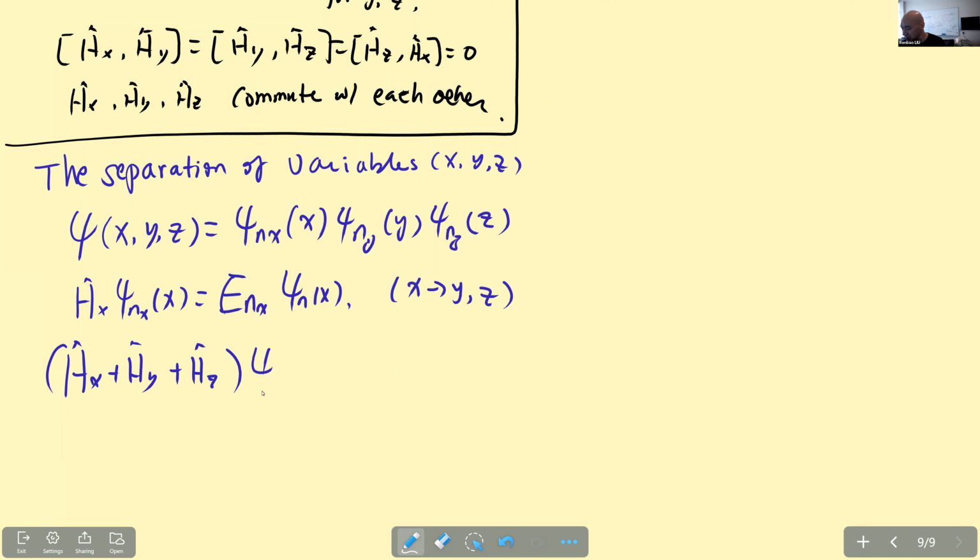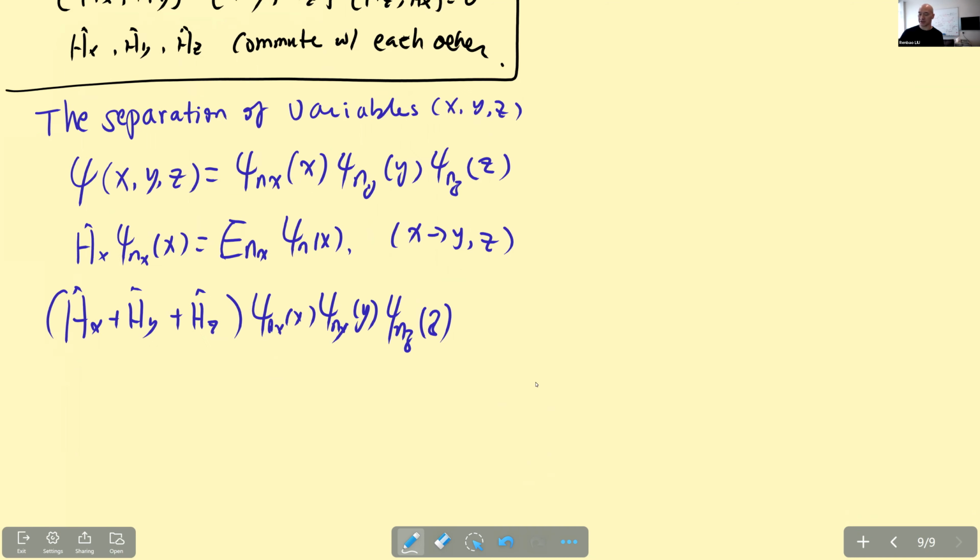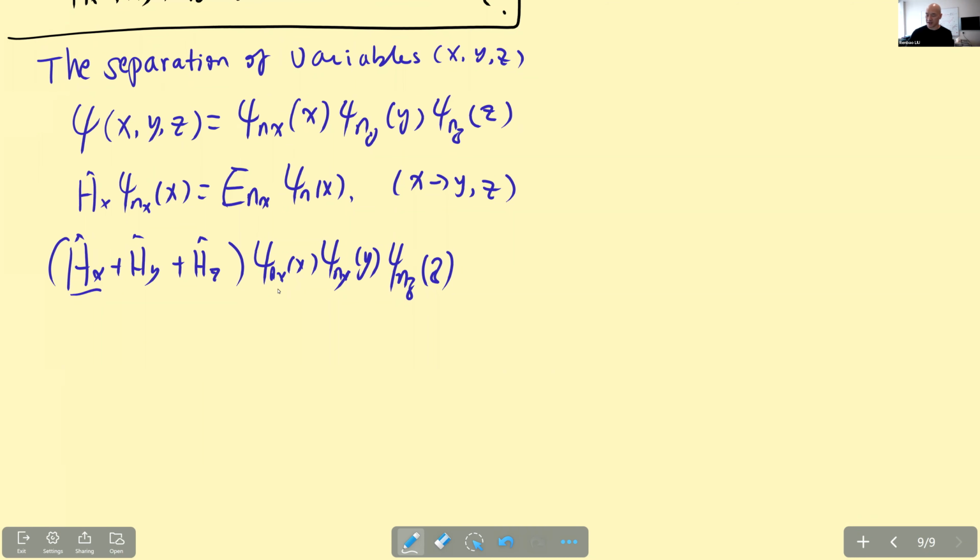So you can immediately obtain the Hamiltonian acting on the state. You can act on this one, so this one acting on x, this one acting on y, this one acting on z. They act separately, so you get 3 separate terms, right? So this equals, for example, h_x acting on ψ_nx.